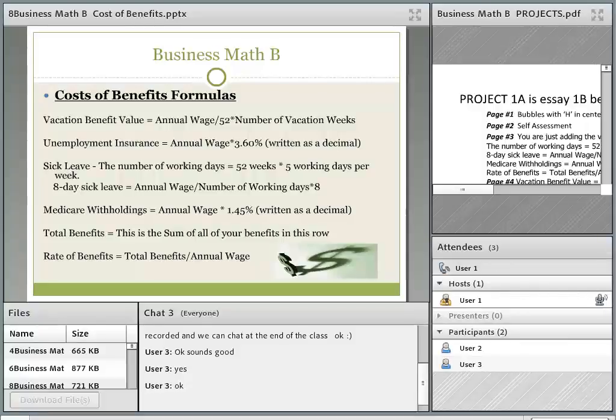Let's say your annual wage for the whole year is $100, and they're paying you $20 for your vacation, insurance and sick leave. Your total benefits would be 20. You would divide it by 100, and that would tell you that your rate of benefits is 20%.